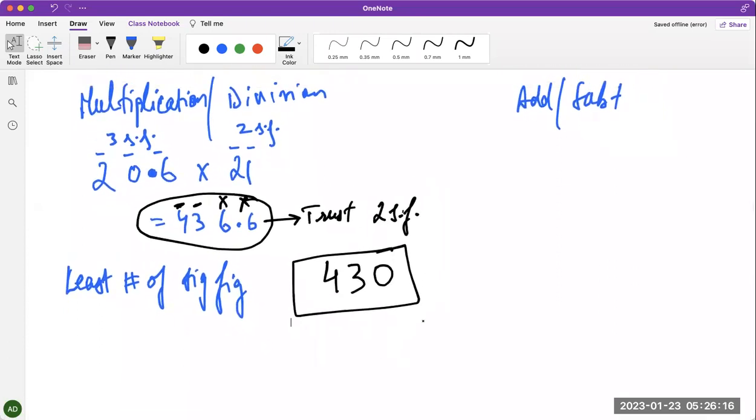The two things that you want to understand from this problem are these: first of all, when you multiply two numbers, in the final answer you can keep the least number of significant figures. So in your question, if you have two numbers, like here we have 3 sig figs and 2 sig figs, you can only keep 2 sig figs in your answer.